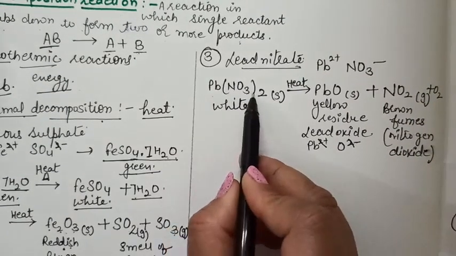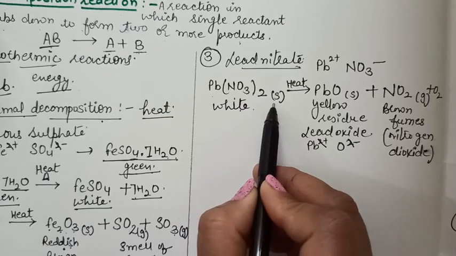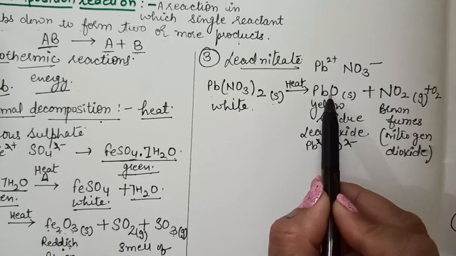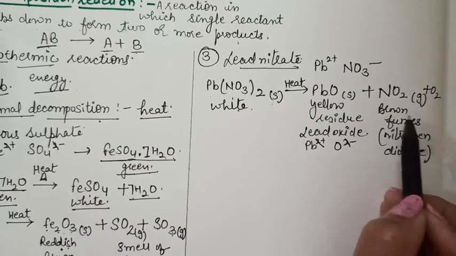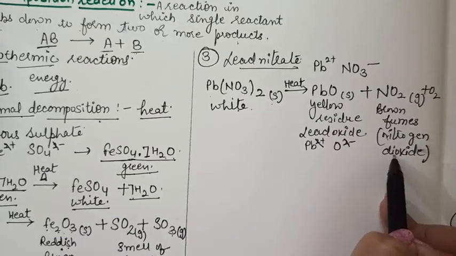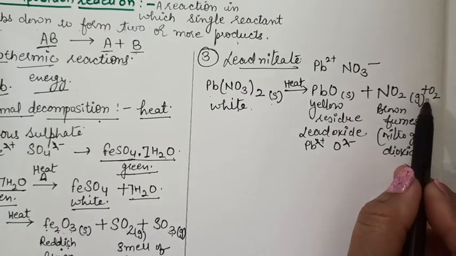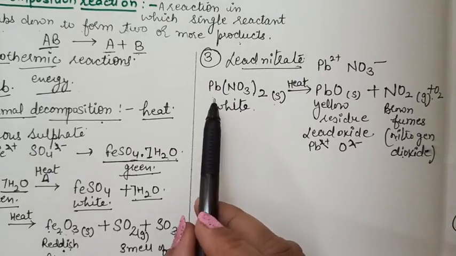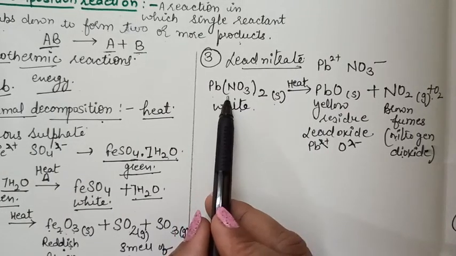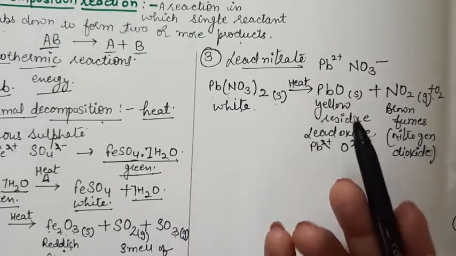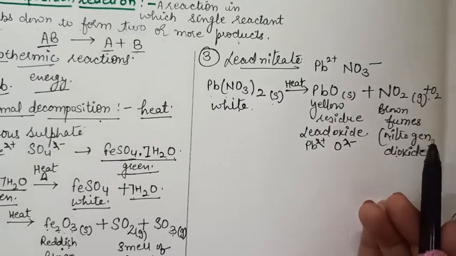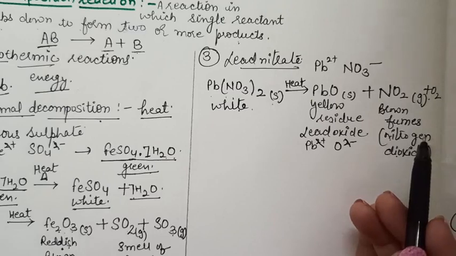Lead nitrate, white powder, on heating produces yellow residue, that is lead oxide, plus brown fumes of nitrogen dioxide, and oxygen gas is released. That is the main example of thermal decomposition reaction.